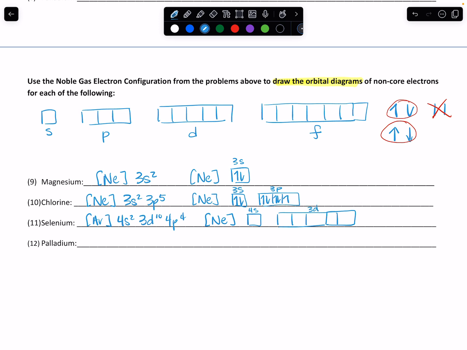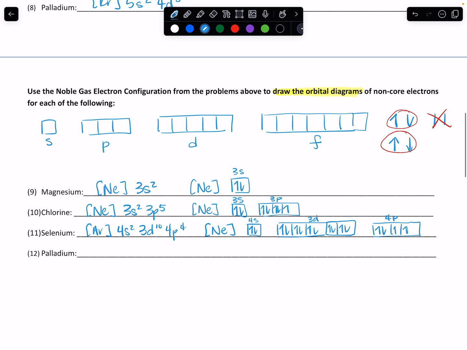This is 3d. And then 4p. So I fill in 2 electrons in that s. I have 10 electrons in my d, and then 4 electrons in my p. So I fill each orbital and then pair. So it's going to look like this.